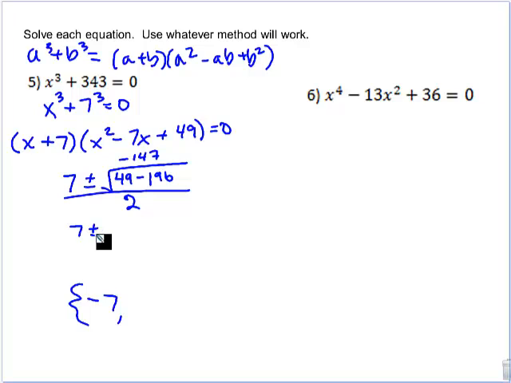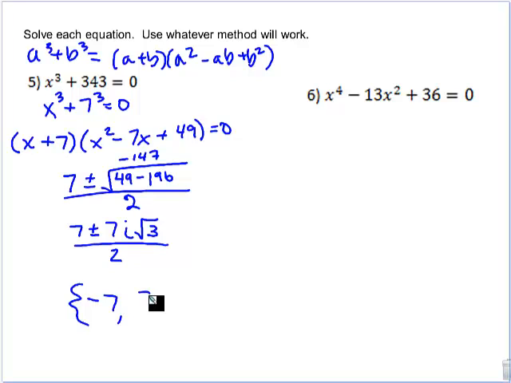Okay, so the square root of negative 147. It's definitely an i in there because it's the square root of a negative. Is there a perfect square, though? Yes, there is. What is it? 49, so this is 7i square root of 3 all over 2.